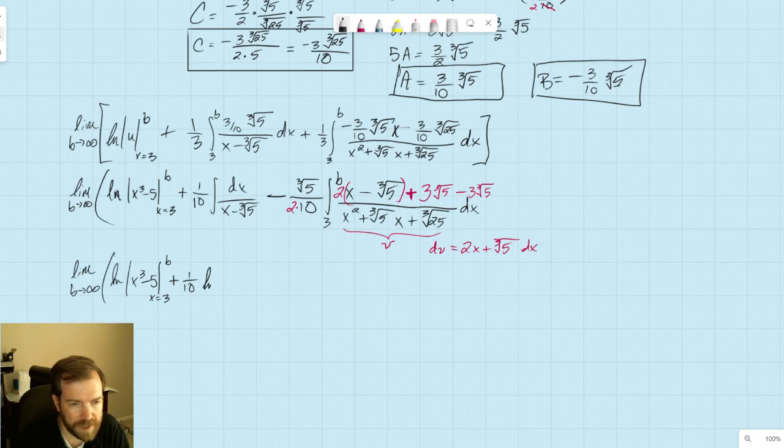All right, so this is going to be 1/10 natural log absolute value x minus the cube root of 5.